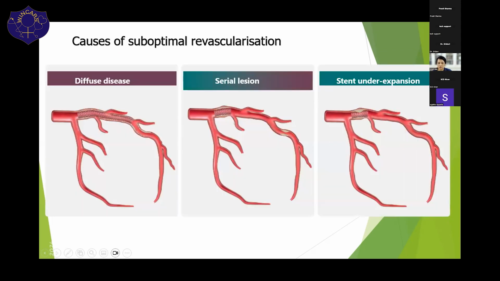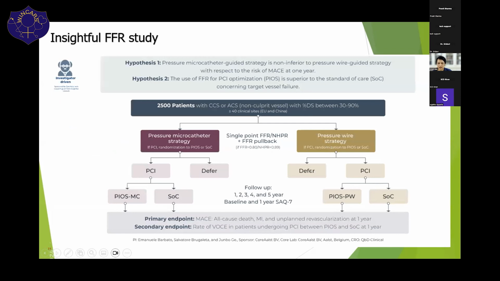So these are all going to optimize our future serial lesion treatment, because the pullback will be fast. With FFR pullback and AI-generated techniques, there are some new approaches going on. These hypotheses 1 and 2 will improve target vessel failure and repositioning. Nowadays more and more we are using drug coated balloons rather than stents for long lesions, even for the left main also.